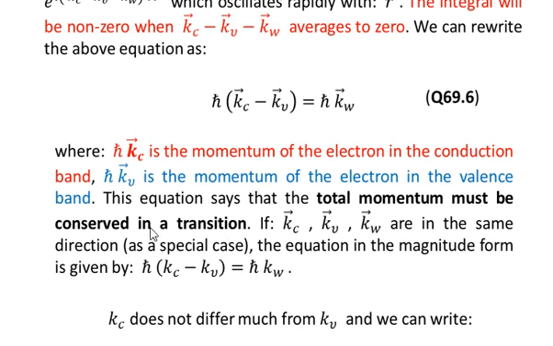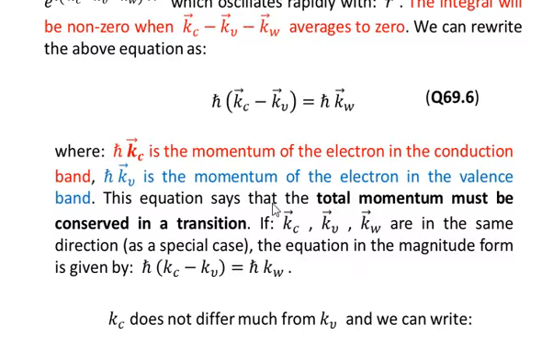because the change in momentum is provided by the input beam on the right hand side, as you can see, h bar Kw. So if Kc, Kv and Kw, all in vectorial form, are in the same direction, here we are treating as a special case the equation in magnitude form.